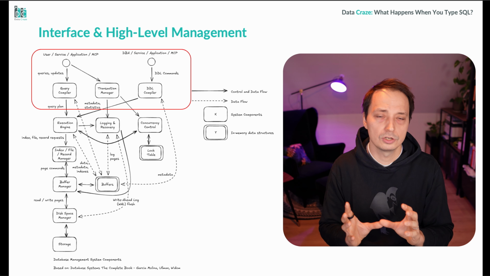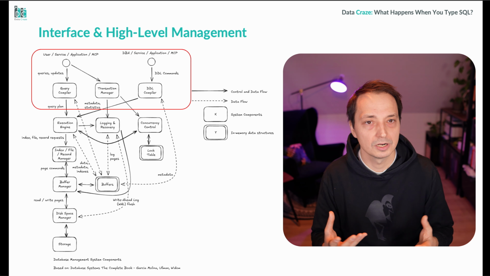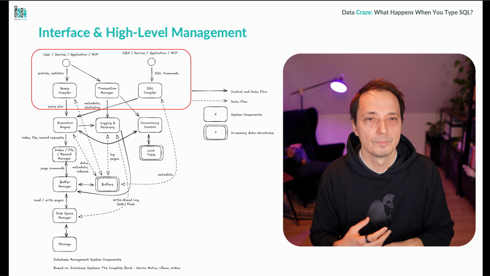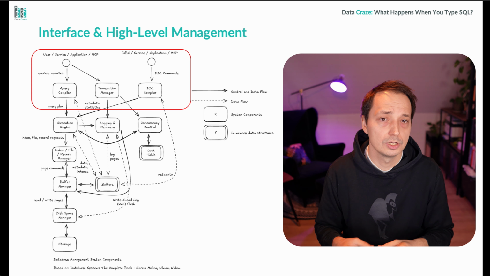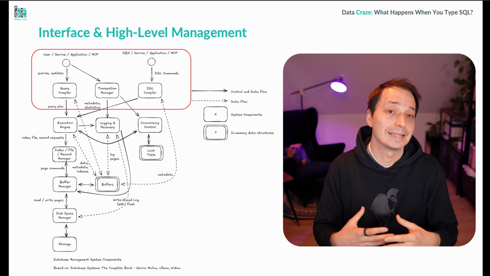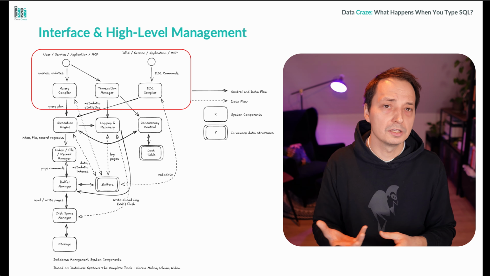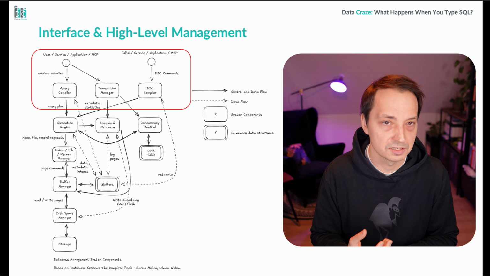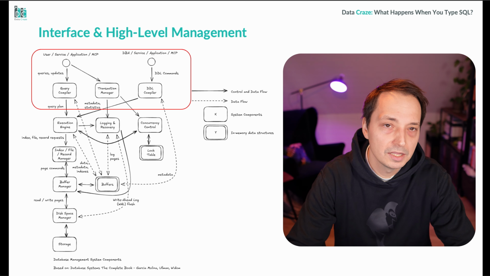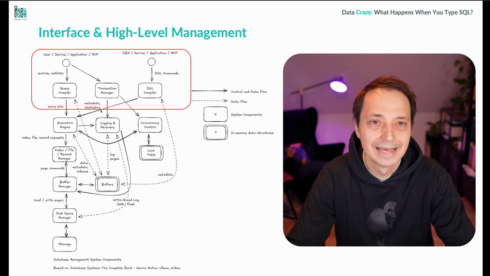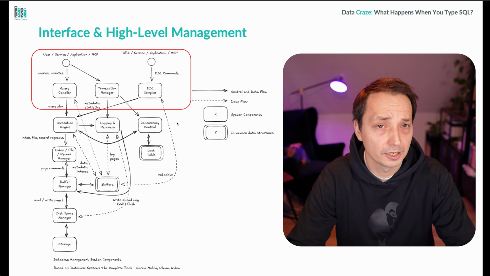Because when you are using just standard SQL like select or update, you are doing a slightly different operation than DDL, where you are modifying the data model behind the scenes, like adding a table, truncating a table, adding indexes, etc., right? And depending on what you are doing, you might have slightly different elements involved.